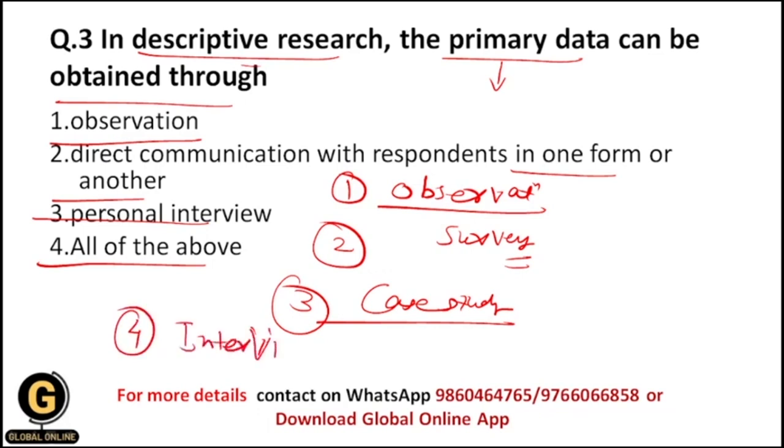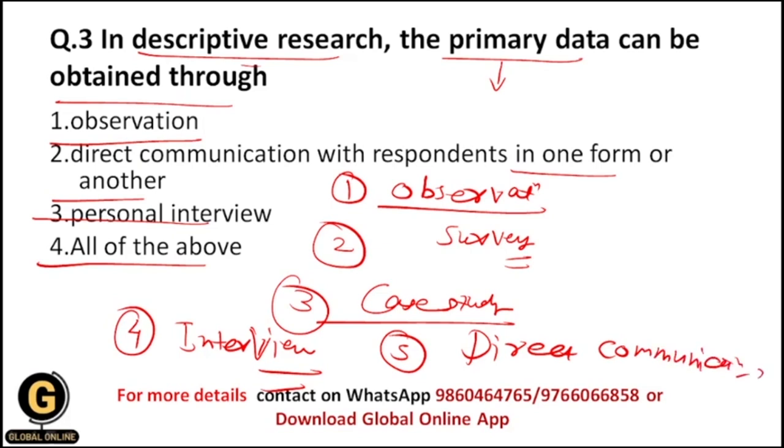Personal interview is nothing but the face-to-face interview method in which we ask the same questions to a range of participants and we get the answers from those participants. Okay. Now the fifth one is direct communication. Okay. Direct communication. So basically students, direct communication is a speech that conveys clear messages or that clearly directs actions.